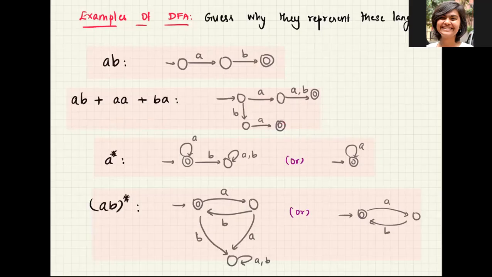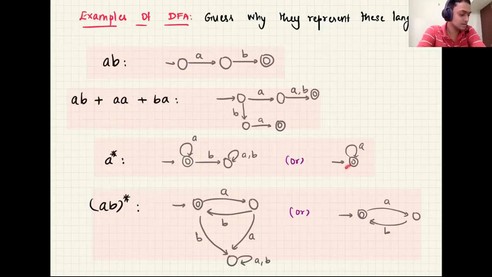Correct. And in a star, it simply means that you can go about taking a's and end it there. Yes, correct. So either you read an a, or you just keep reading some number of a's.